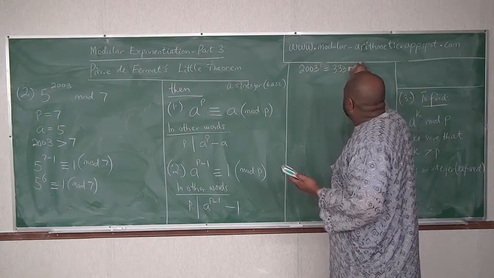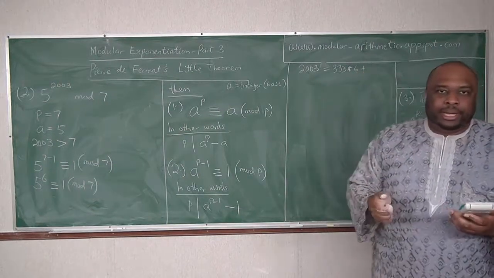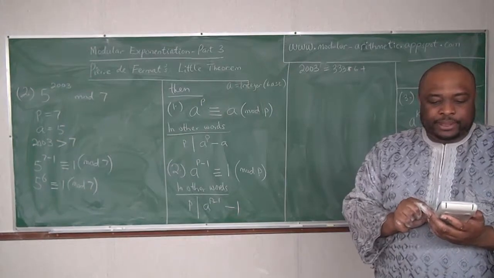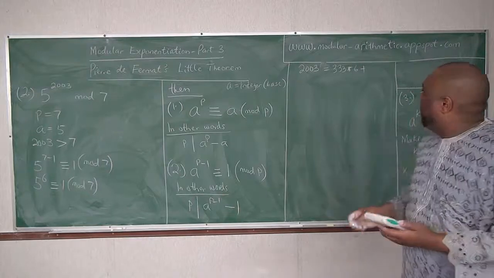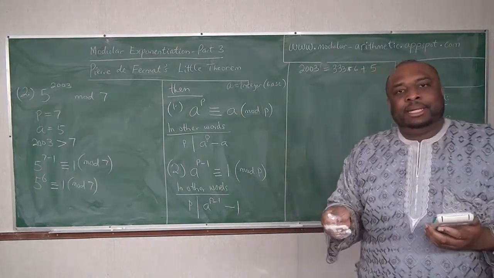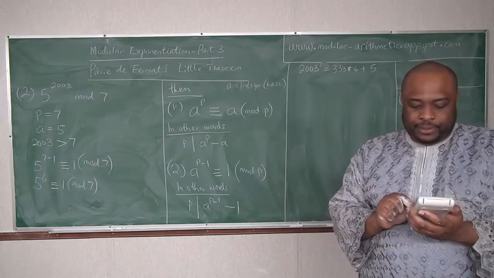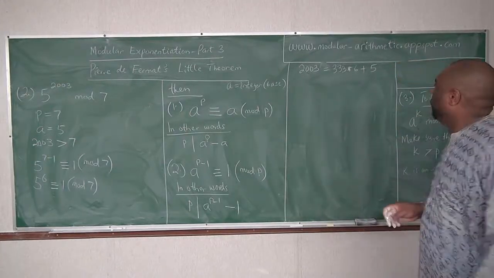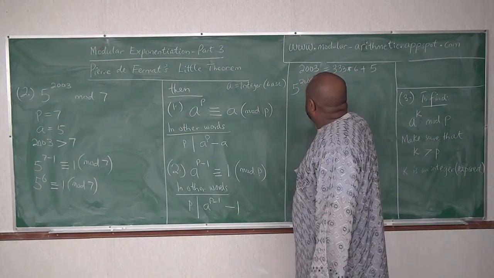I do 333 times 6, then subtract it from 2003, and it gives me 5. So 2003 equals 333 times 6 plus 5.